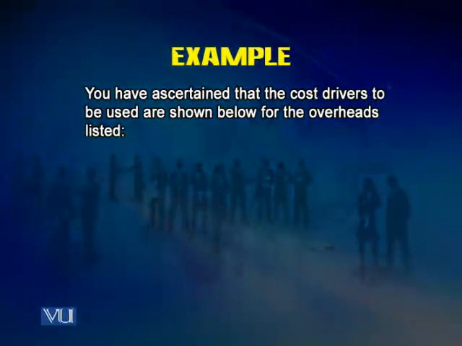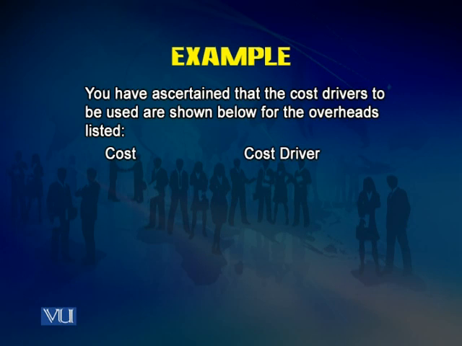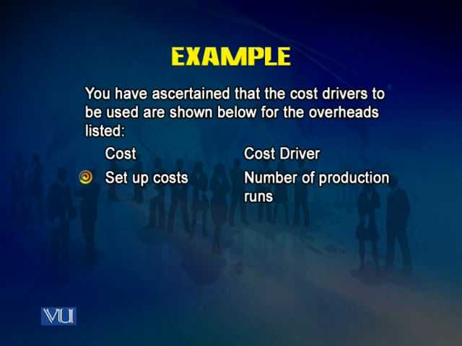You have ascertained that the cost drivers to be used are shown below for the overheads listed. In case of setup costs, the cost driver has been nominated as number of production runs. We have recently talked about setup costs.